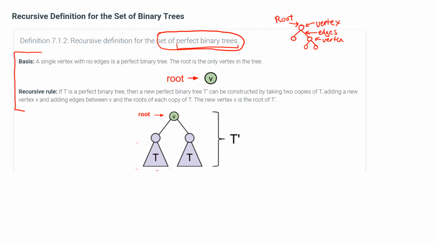So basically take this tree that we already know exists in this special set, make a copy of it and join it together with the vertex at the top. And then if we can come up with something, anything that we can come up with using that rule, we would say that also is in our set of perfect binary trees.